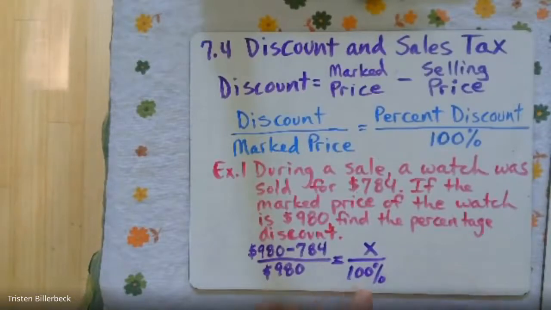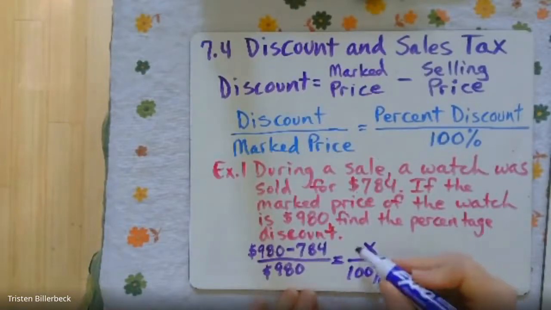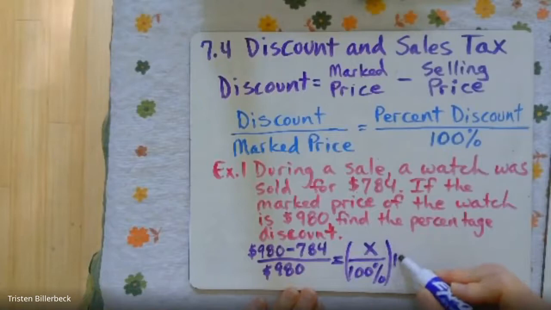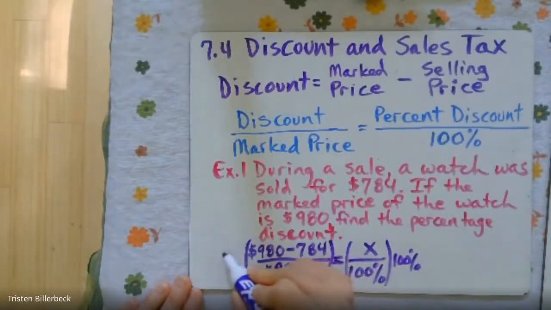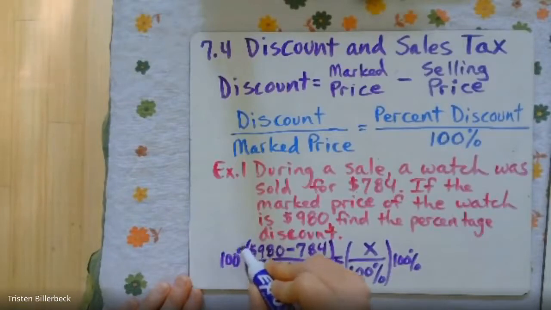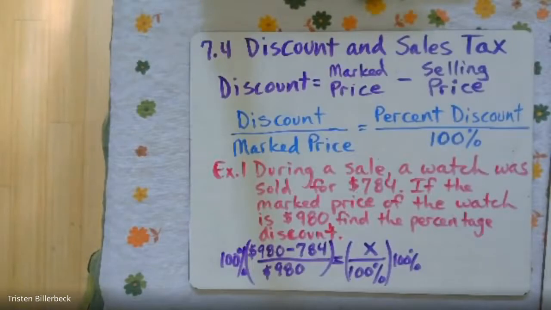Okay, so we have 100% here. So we are going to multiply by 100% on both of these. Okay. One dry erase.